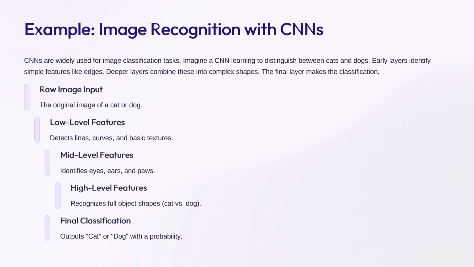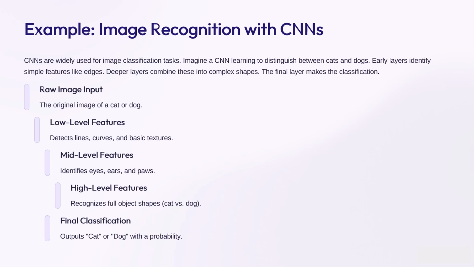Suppose we are taking two pictures as input. First one is a cat image. So that is the first step, and then in the second step it detects lines, curves, and some basic structures, like edges. In the mid-level features it identifies ears, eyes, legs.